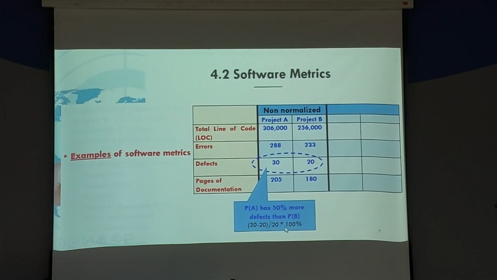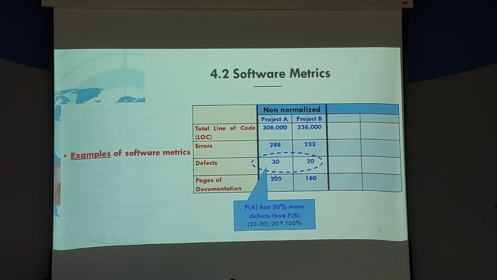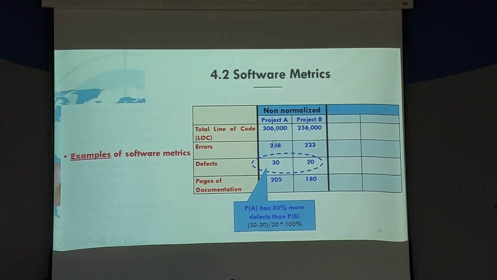So if you compare these two values, it tells us project A has 50% more defects than project B. These are examples of metrics.